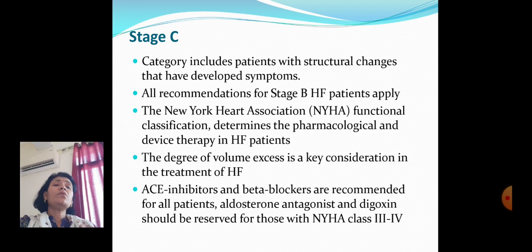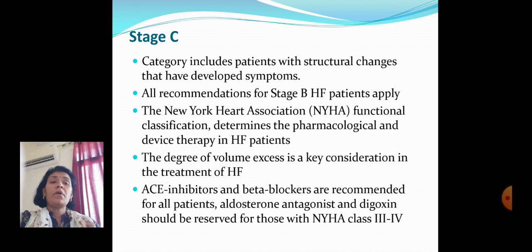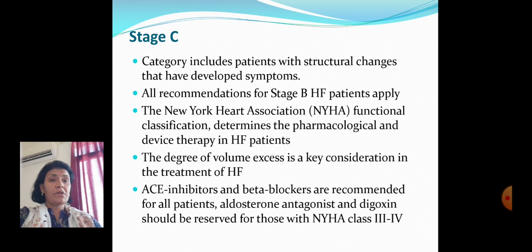Now coming to stage C. Here there are those patients having structural changes along with some symptoms. They have developed symptoms. So all recommendations for stage B heart failure patients apply here also. The NYHA functional classification will determine the pharmacological and device therapy in these heart failure patients.